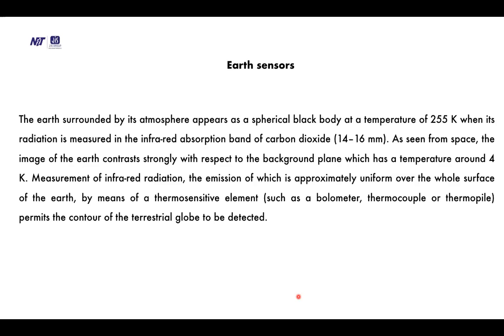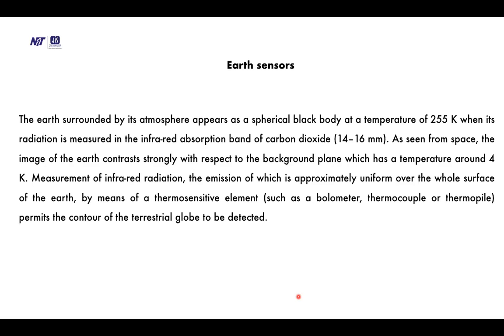Earth sensor. The Earth surrounded by its atmosphere appears as a spherical black body at a temperature of 255 Kelvin when its radiation is measured in the infrared absorption band of carbon dioxide, 14 to 16 micrometers. As seen from space, the image of the Earth contrasts strongly with respect to the background plane, which has a temperature around 4 Kelvin.